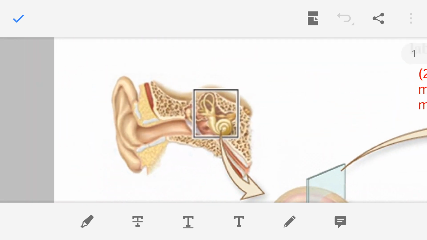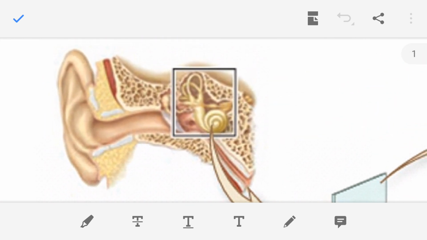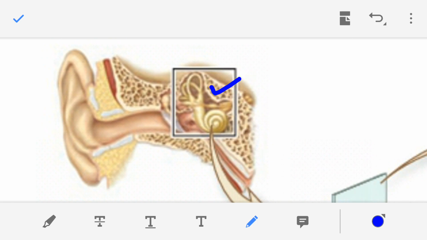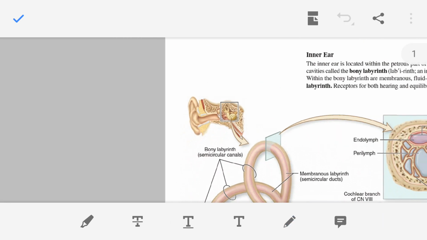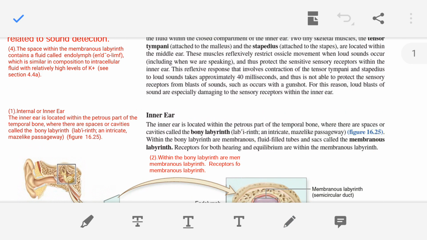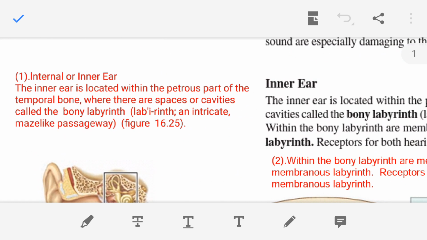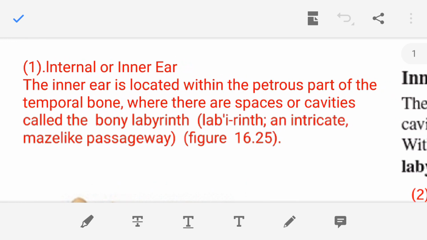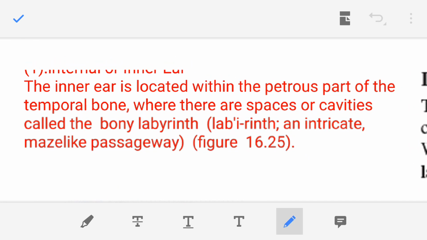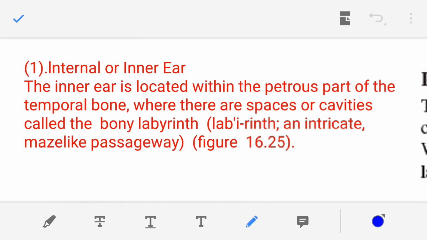For example, in this figure you can see the temporal bone they are showing, and this we can say is the petrous part of the temporal bone, in which the inner ear is located. Now in the petrous part of the temporal bone, there are spaces or cavities.